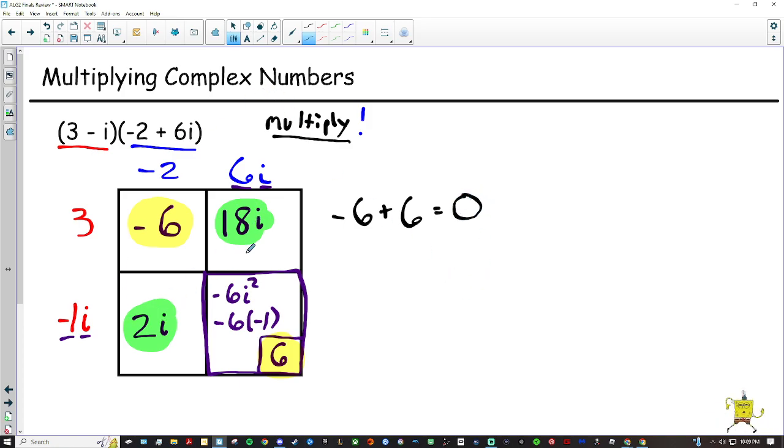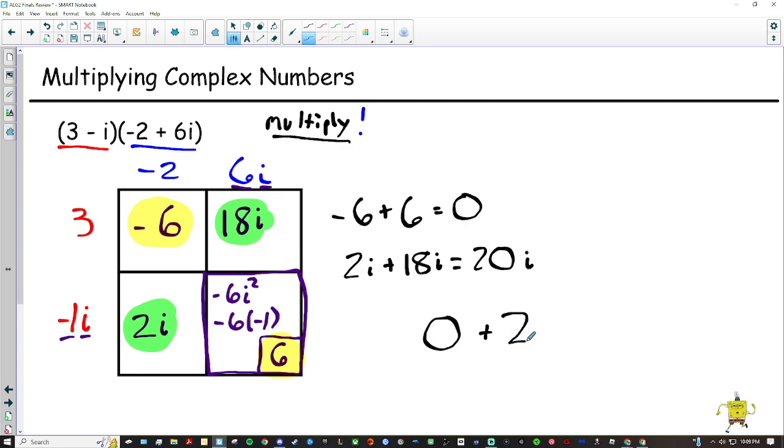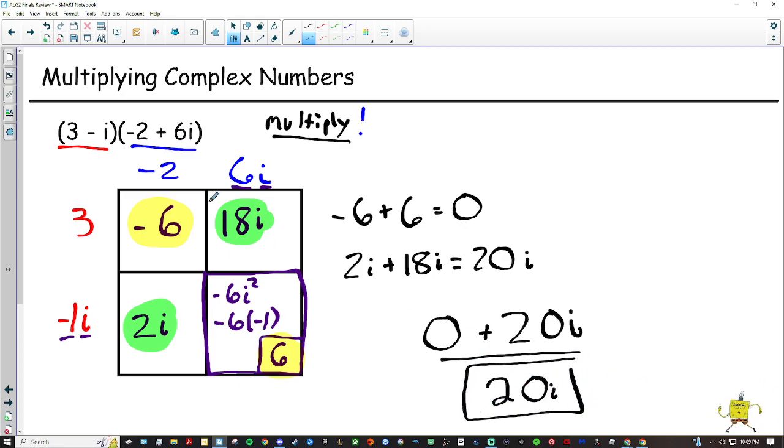My imaginary numbers, I have 2i plus 18i, which is 20i. My real part is 0, plus my imaginary part, 0 plus 20i. This is fine, but I could also just write 20i. And that is how we multiply complex numbers. Remember, there's nothing touching in between, so we know we're multiplying.